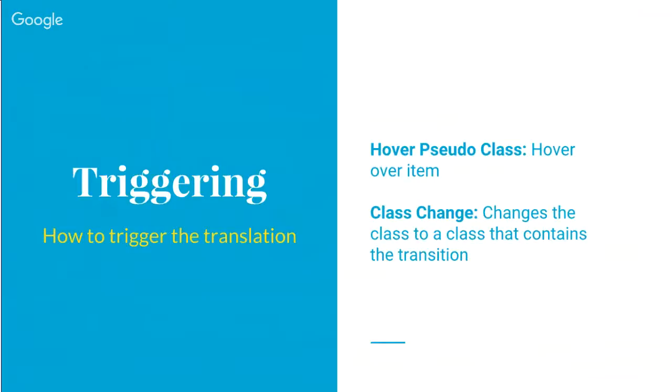When I was reading up on it, they said that you can actually change the class of an object, and the class you change to would contain the animation in it. And so innately it doesn't have an animation, but when you interact with it, it will change the class, and then the transition would kick in.